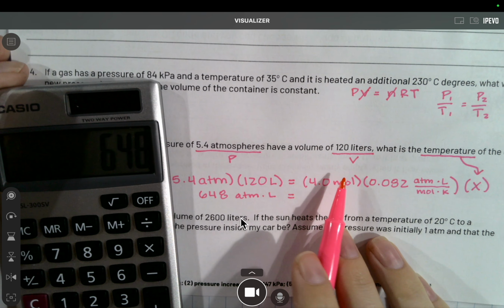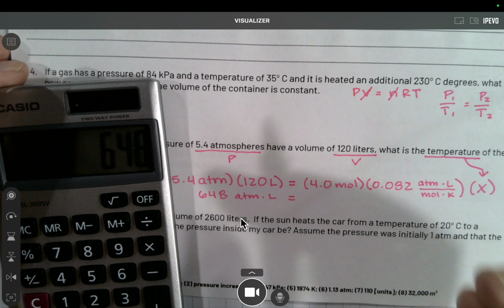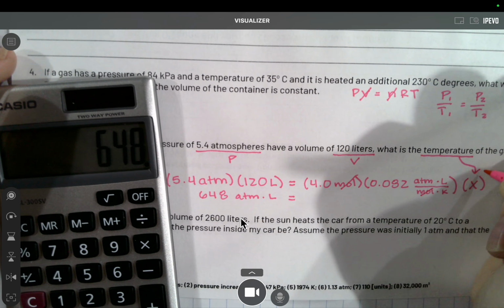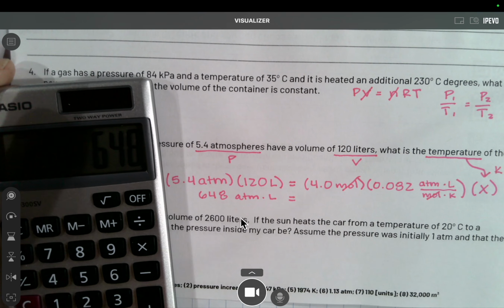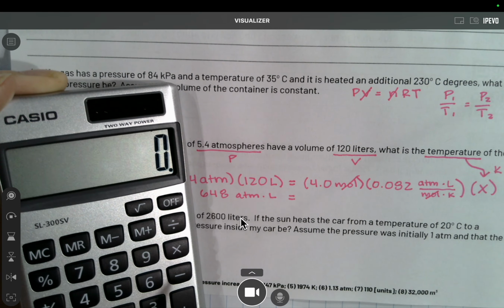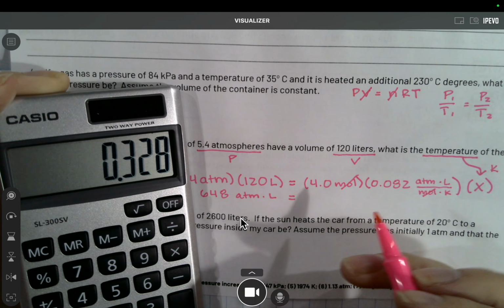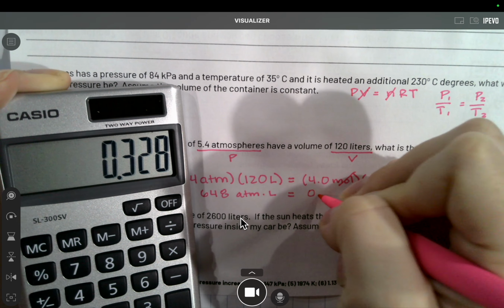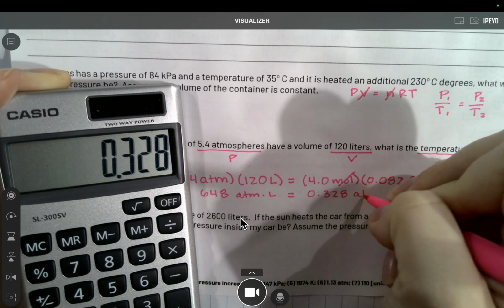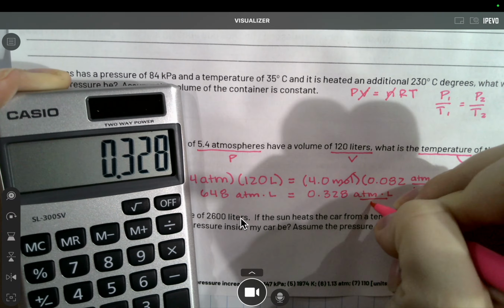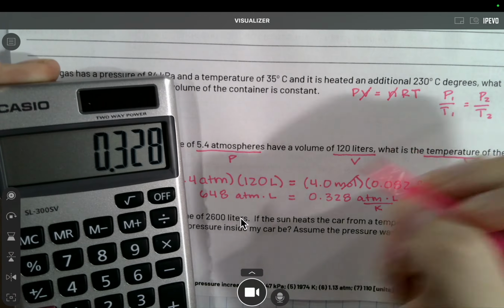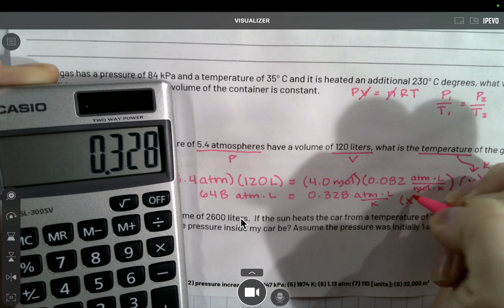Now we're doing moles times something with moles on the bottom, so moles are automatically going to cancel out here. And remember that the temperature is going to be in Kelvin, so we've got a unit over here. So 4.0 times 0.082. Okay, we've got 0.328, and that's going to be atmospheres times liters over degrees Kelvin. All right, and all of this, remember, is still times x.